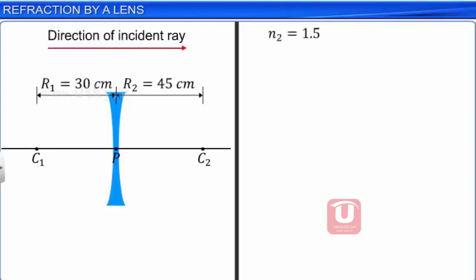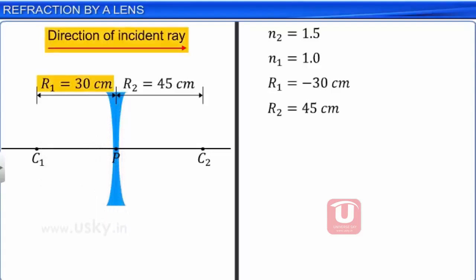Note that since R1 is measured in the direction opposite to that of the incident ray, it is taken with a negative sign. Substituting these values in the lens maker's formula and on further simplification, we get f is equal to minus 36 cm.